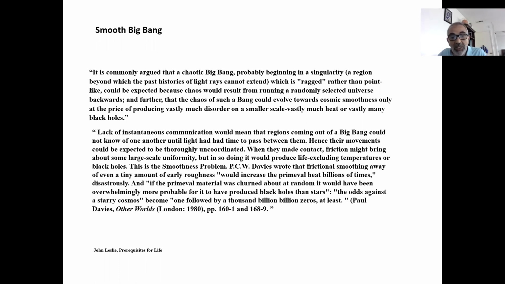And if the primeval material was churned about at random, it would have been overwhelmingly more probable for it to have produced black holes than stars. And that the odds against a starry cosmos, according to his calculations, would become 1 followed by 1,000 billion zeros at least. This quote is found in his book, Other Worlds.